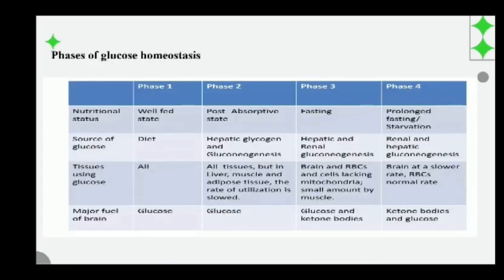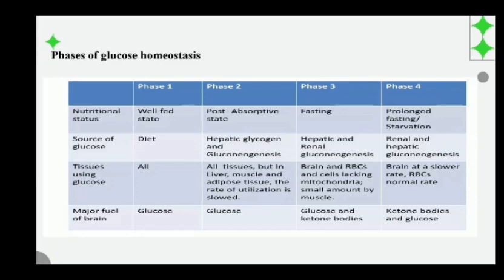So coming to the phases of glucose homeostasis, this happens in four different phases: phase 1, phase 2, phase 3, and phase 4. The nutritional status of the glucose homeostasis in different phases is like this. Phase 1, glucose homeostasis is mainly based on the diet, that is the well fed state.